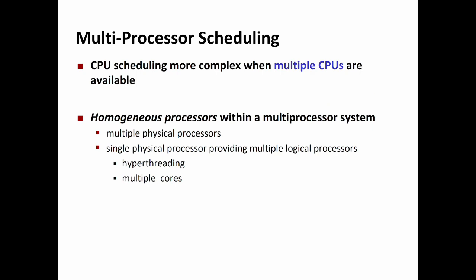Now we have been discussing this scheduling as if we have only a single processor. But nowadays even a single processor may have multiple cores. So when I say multiprocessor, you can read it as multi-core, or multiple processors, CPUs with multiple cores, etc. Then CPU scheduling becomes more complex because you have multiple CPUs. Here we consider homogeneous processors: you can have multiple physical processors, or a single physical processor that provides multiple logical processors.